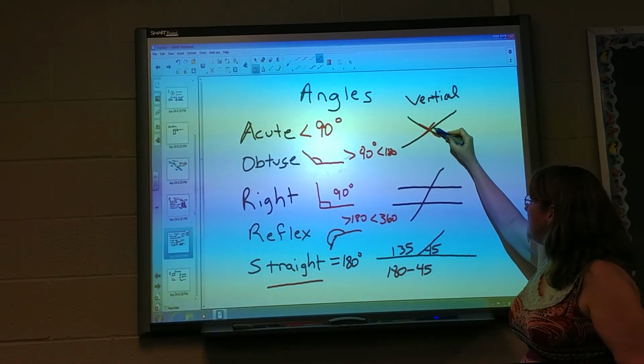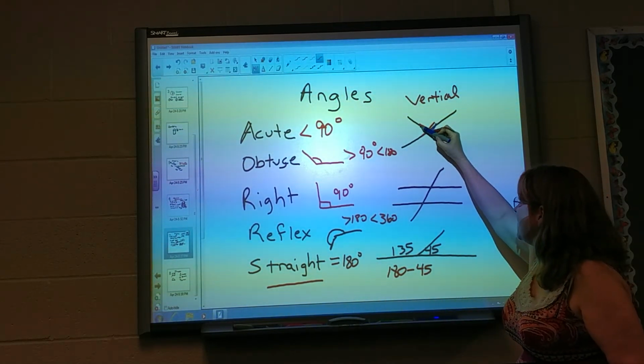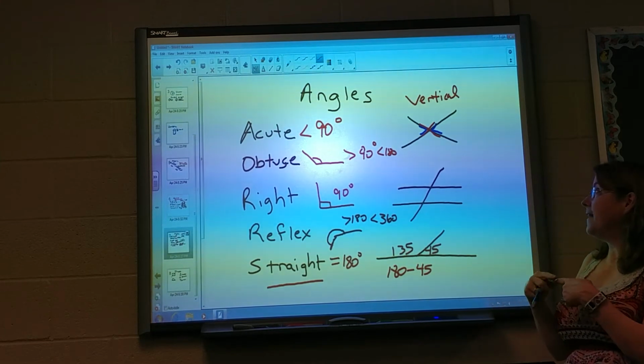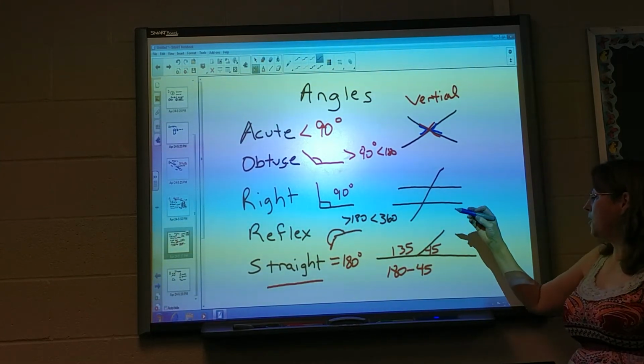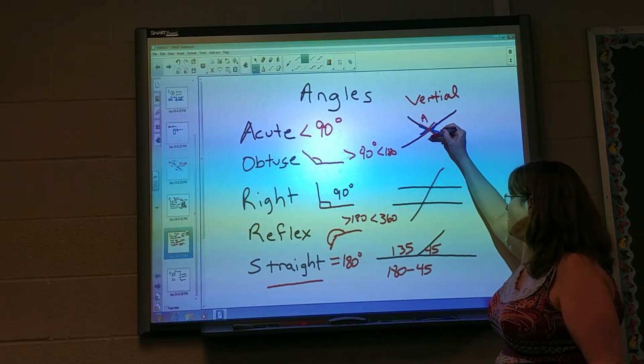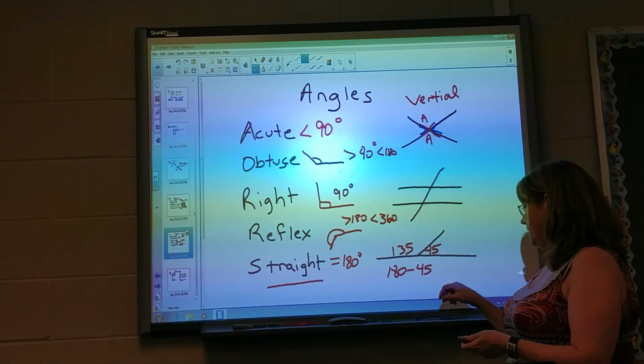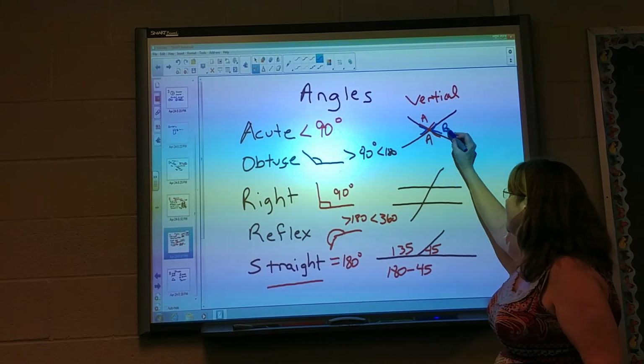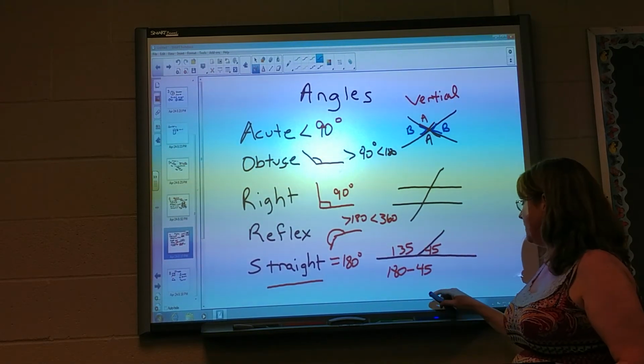And this tip and this tip kiss, and that's another vertical angle. So this is A, and this is also A. This is B, and this is also B.